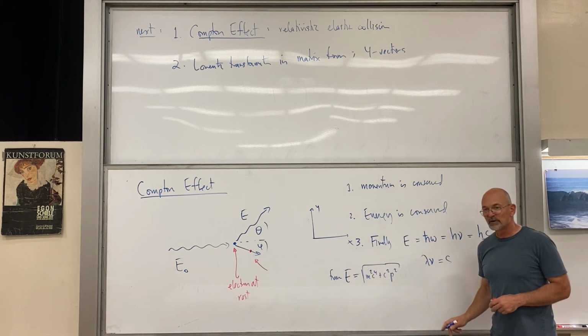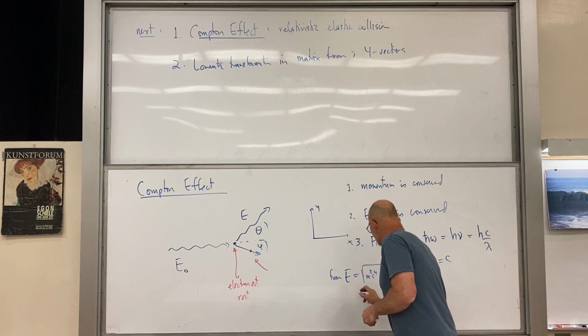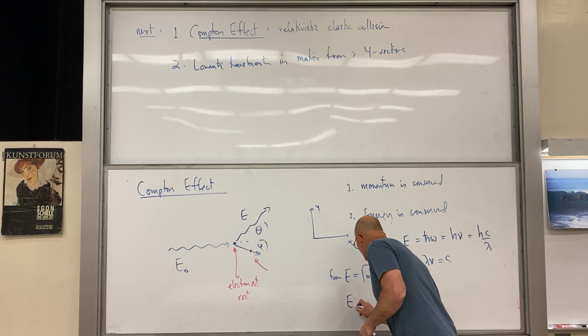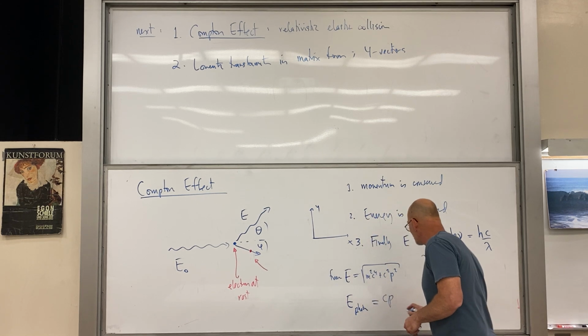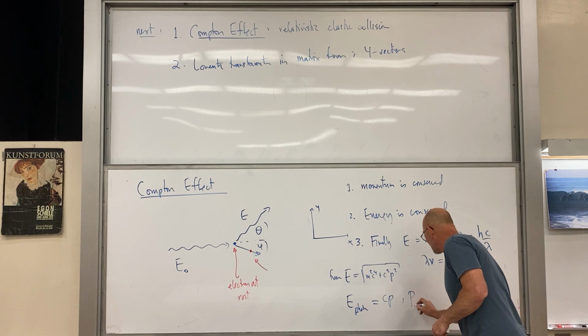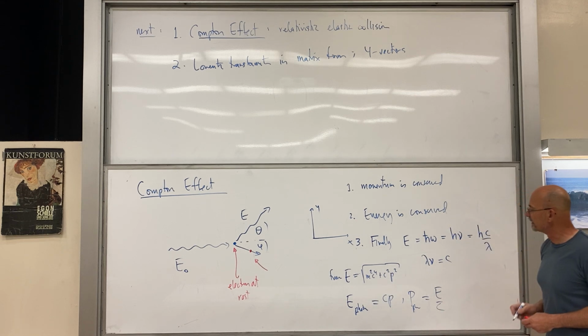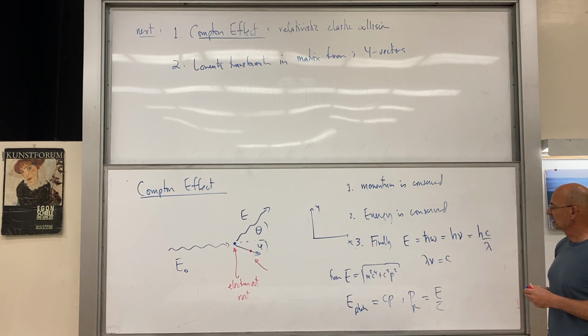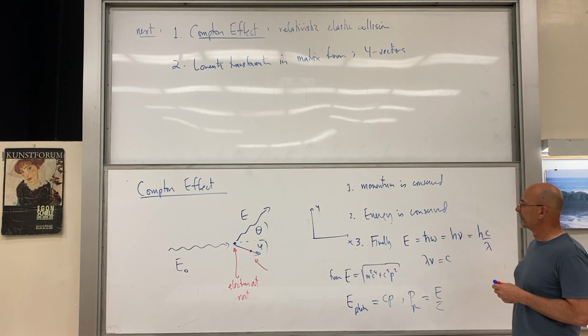We're not using it as a Hamiltonian, we're just using it as a magnitude here. So for the photon, it's just going to be c times p. P of the photon is just going to be E over c. So that's where the relativistic expression for the photon is going to come in.